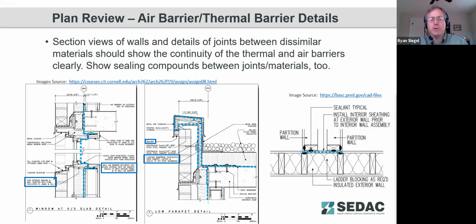And again, paying particular attention wherever you have two dissimilar materials coming together, and even here on the right where we've got the partition walls intersecting, looking to apply appropriate sealant to join those where those materials are coming together.